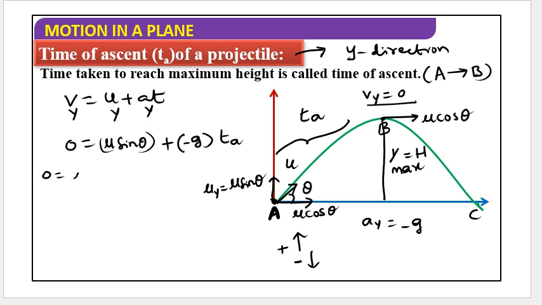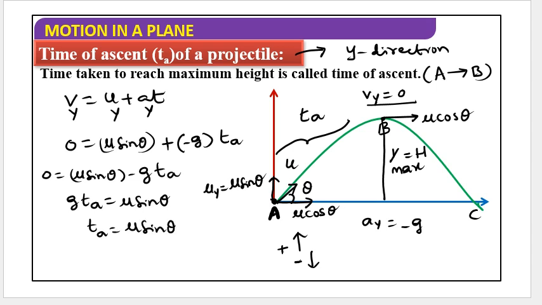That is 0 is equal to u sin theta minus g ta. So from this, if g ta comes to this side, g ta is equal to u sin theta. From this ta is equal to u sin theta by g. So this is the formula for time of ascent.